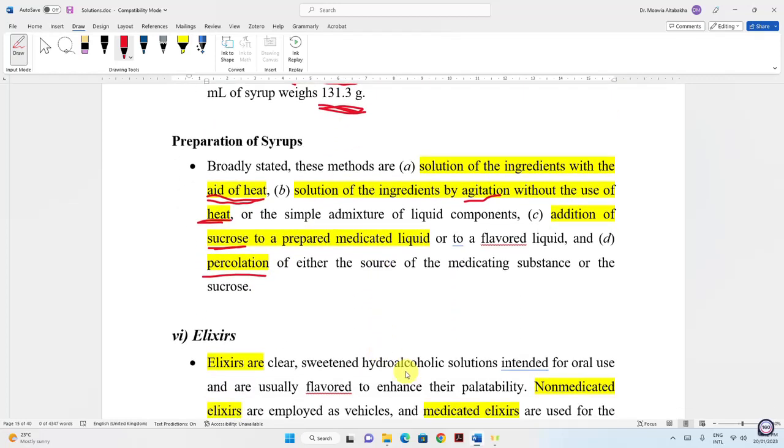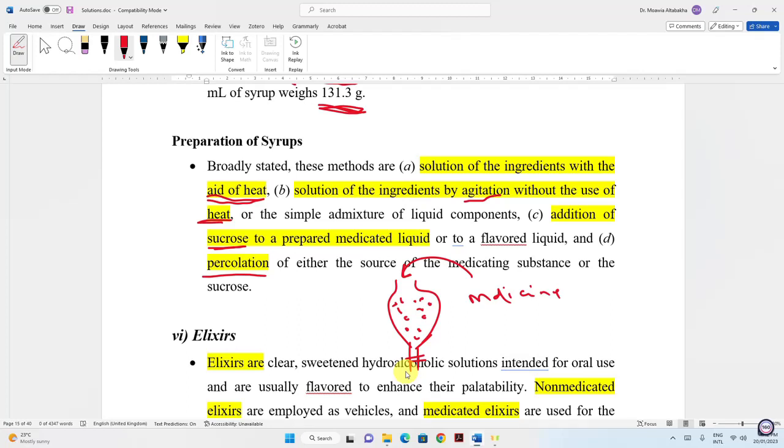I'll just draw something for you, something like that. Then what happens here, you have maybe sucrose, and then you add a solution of the medicine or medicinal agent.